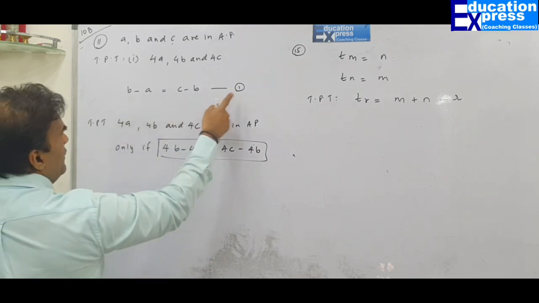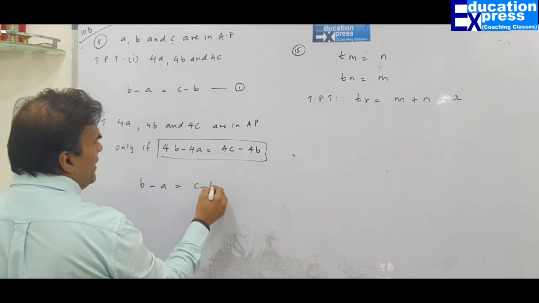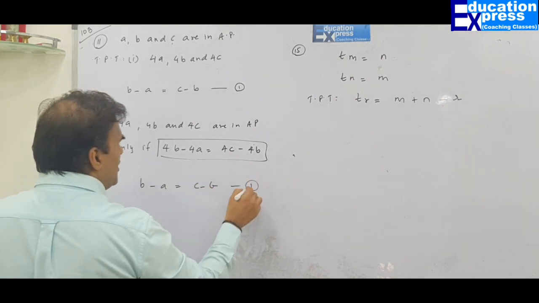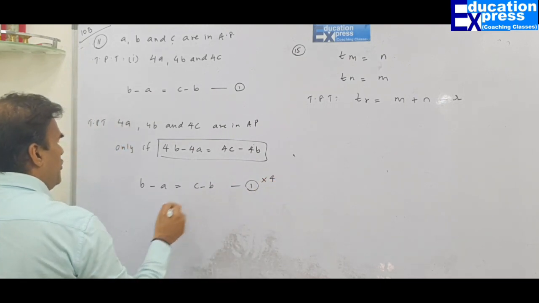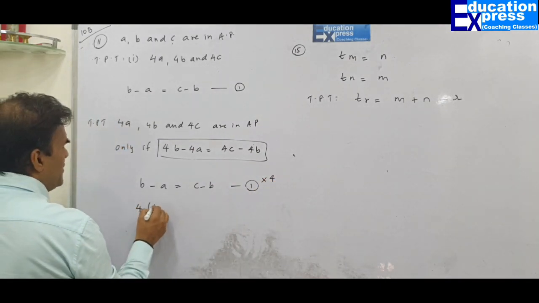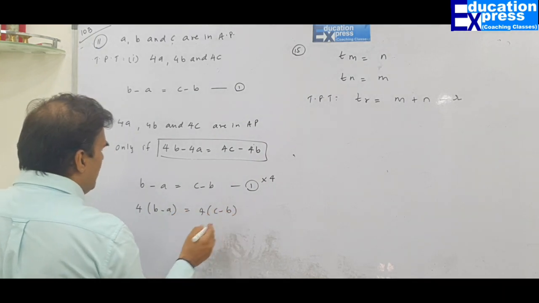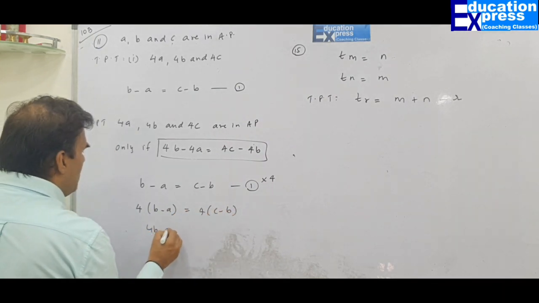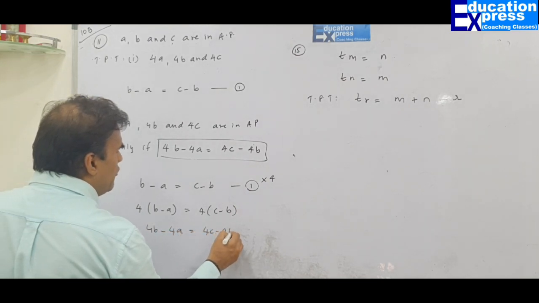If you observe the first equation, B minus A equals C minus B. This is the first equation. If I multiply the first equation by 4, what do you get? 4 times B minus A equals 4 times C minus B, which means 4B minus 4A equals 4C minus 4B.